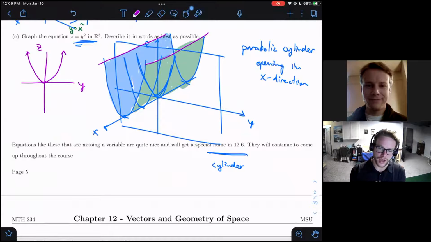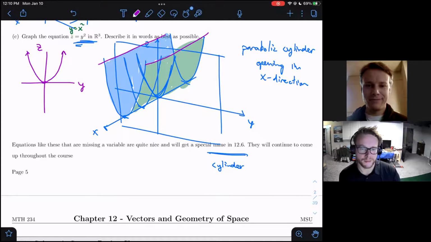Anytime you have a copy of a two-dimensional structure that you've copied and pasted forever in some straight line to generate your surface, this is what we call a cylinder. So we'll get into more details about this in 12.6. But I agree, it's a bit strange, because that's not the geometric definition for a cylinder.